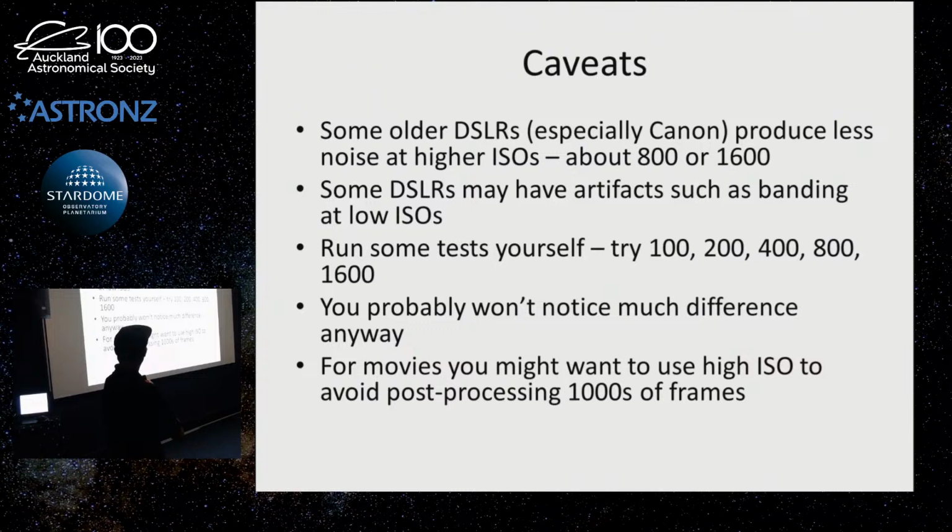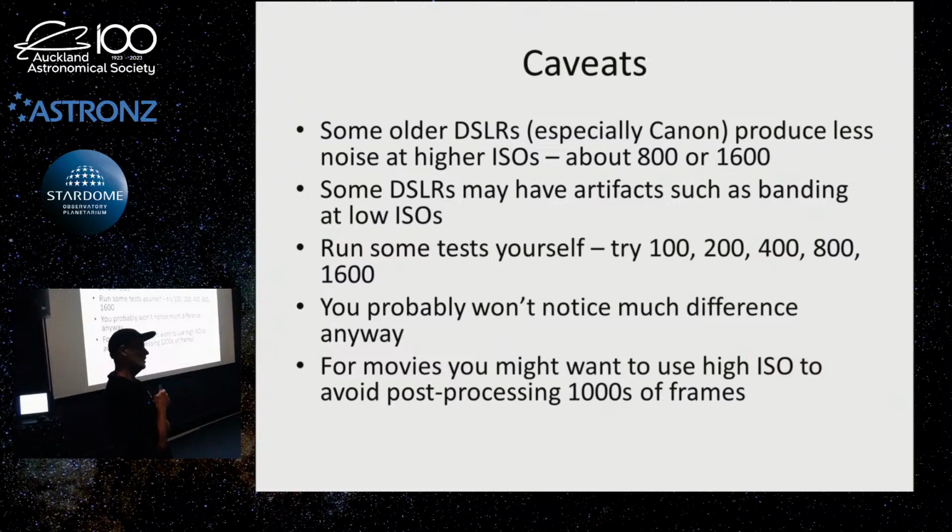Now, some older cameras, especially Canons, produce less noise at higher ISOs. So those cameras should be used at about ISO 800 or 1600 because the gain in noise reduction compensates for the loss of dynamic range.